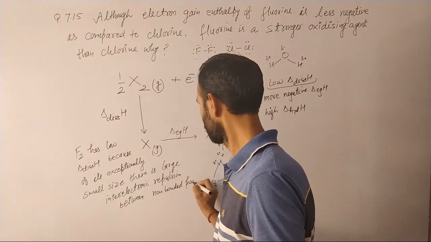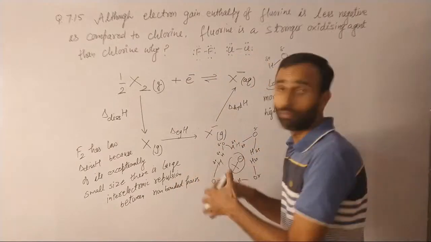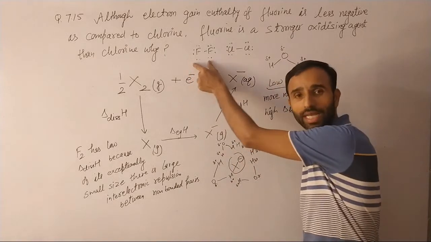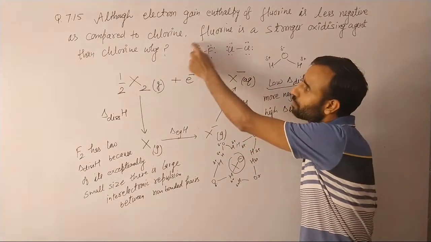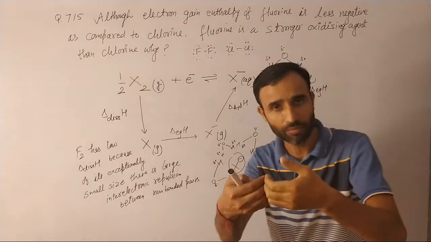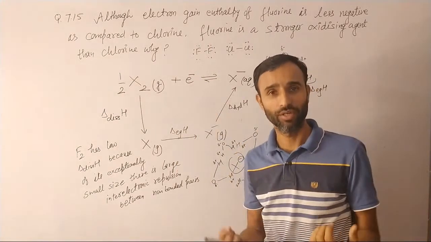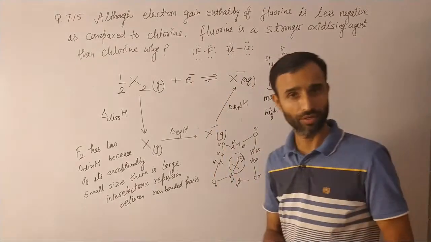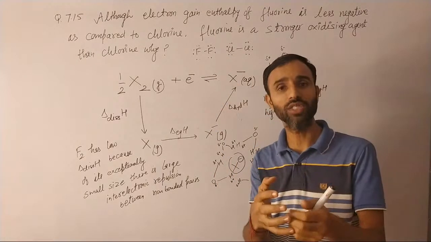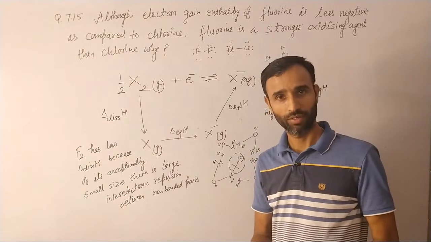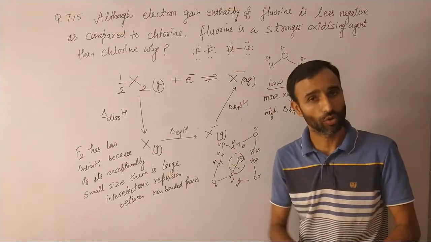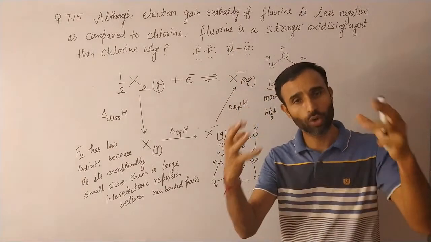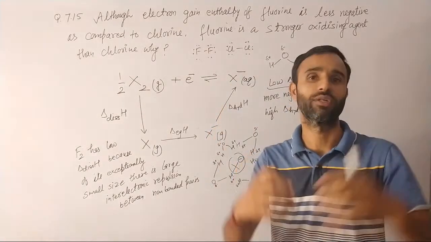See, because fluorine is very small in size, these non-bonded pairs are very close to each other and therefore they repel each other and give a favorable condition for its breaking. So a less amount of energy can break it. But in Cl-Cl, chlorine is large in size, so these lone pairs can be comfortably placed.